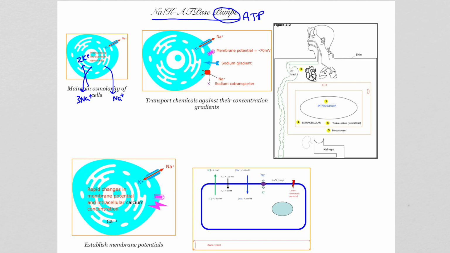This net transfer of one net positive charge, this sodium, to the cell's exterior for each rotation cycle of the pump leads to an accumulation of positive charge outside, and that leads to a membrane potential of, let's say, minus 70 millivolts across the plasma membrane.